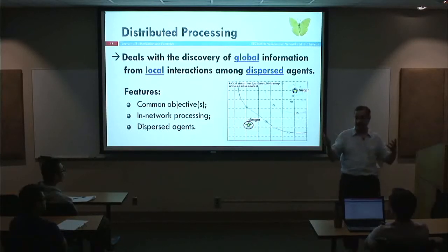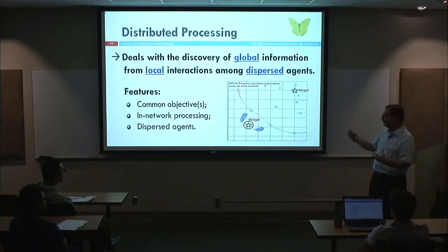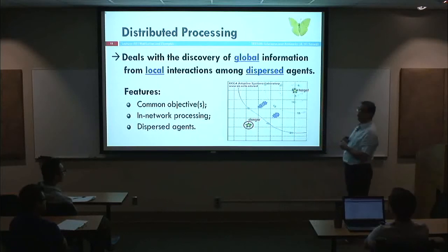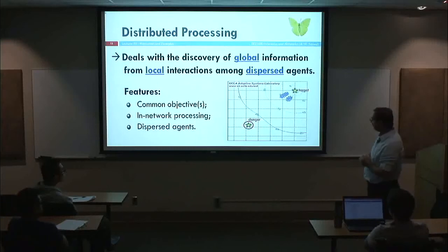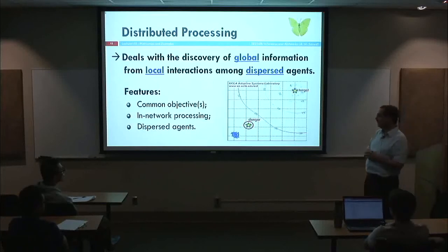Could be a predator, right? So they have to work together, even adjust their topology. It's not just a matter of improving their estimate of where the target is, but even adjusting their topology so that they can solve a problem like this in an efficient manner. This is just one example of behavior that you'll be able to produce using the algorithms that you are going to learn in this class.